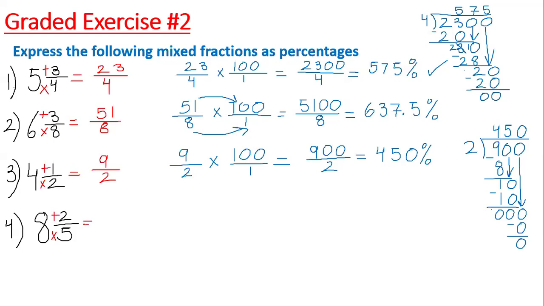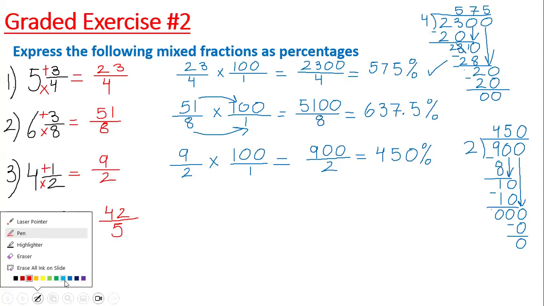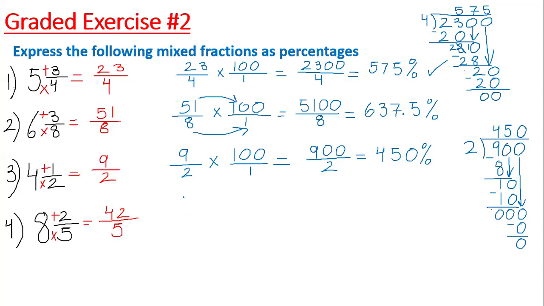Okay, let's do it. So we say 8 times 5, which is going to be what? 40, plus 2 is what? 42. 42 over 5. And we're going to multiply 42 over 5 by 100 over 1.